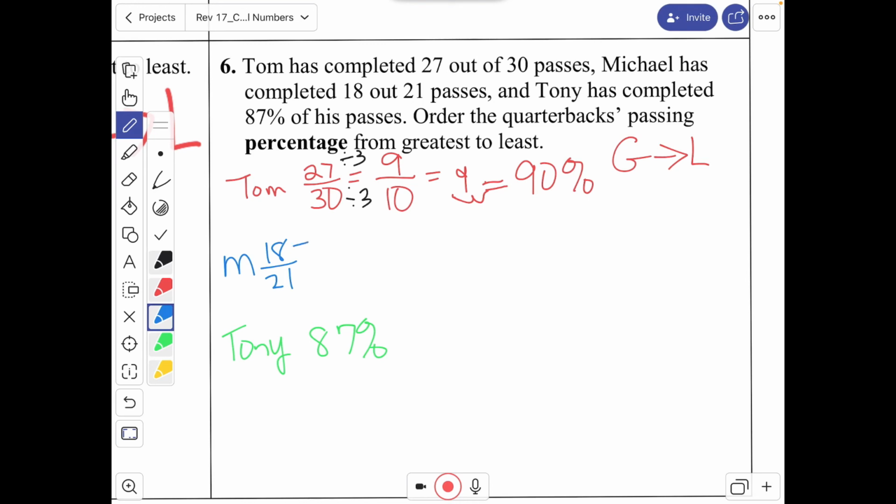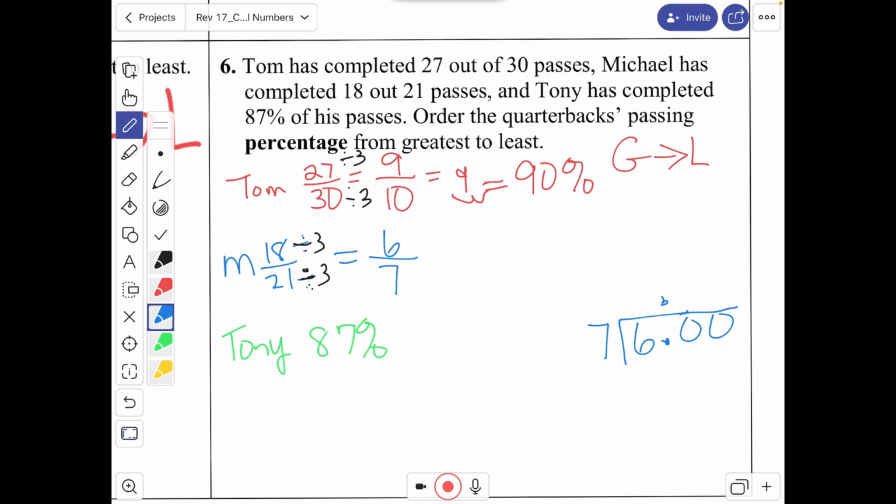And then Michael, let's try to simplify him. What could we divide those by? I think we can divide them by 3. 18 divided by 3 is 6, and 21 divided by 3 is 7. But that's not on the list, so we're going to have to divide it out.